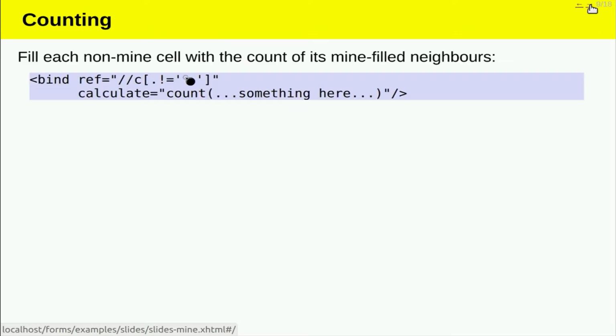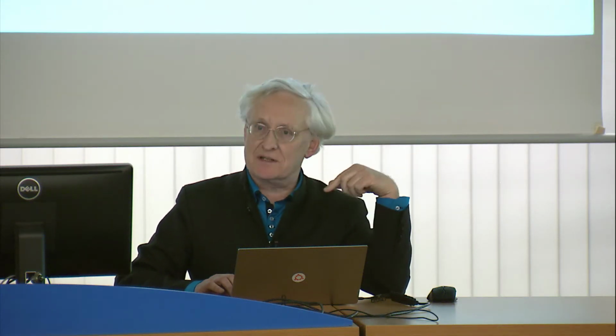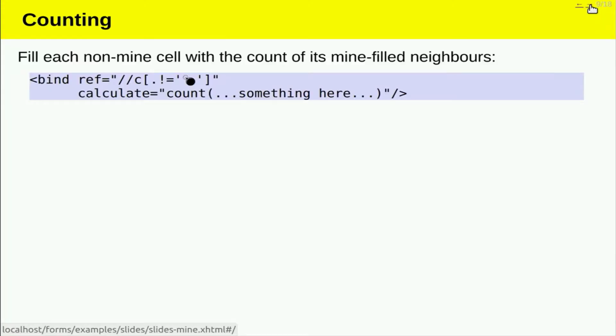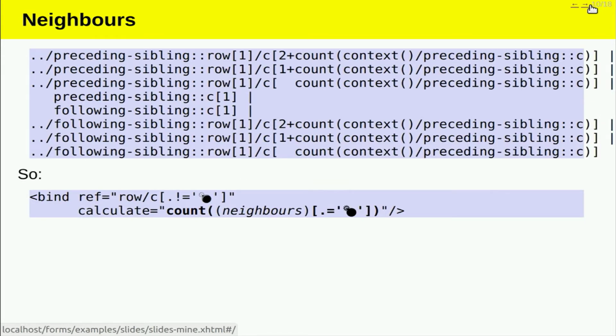And different patterns again. All right, so now what you want is to fill the non-bomb cells with a count of the number of neighbors that have got a bomb in it. So we ref all the cells that are not equal to a bomb, and we calculate it with a count of something. Well, what does that something look like? It looks at the 3 cells in the previous row at the same position, the 3 cells in the next row at the same position, and in the middle, the previous cell and the following cell.